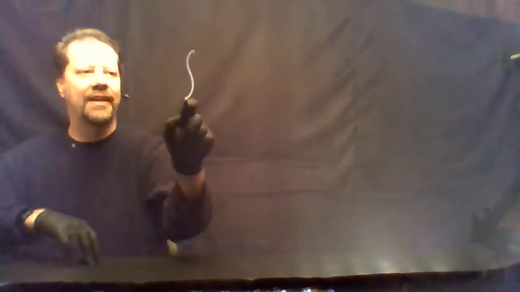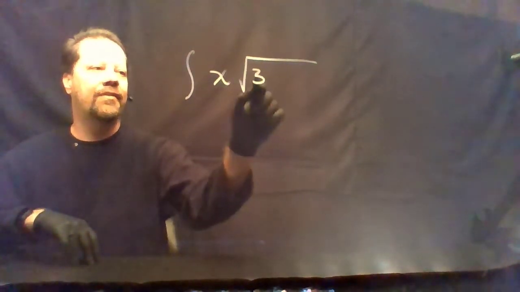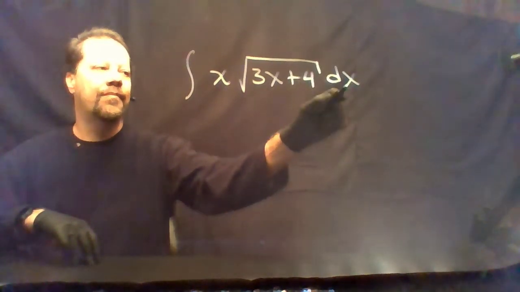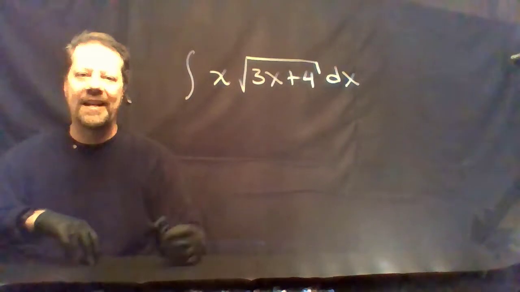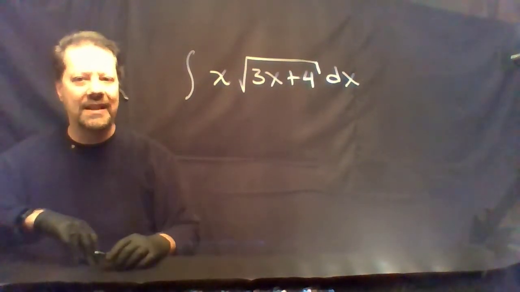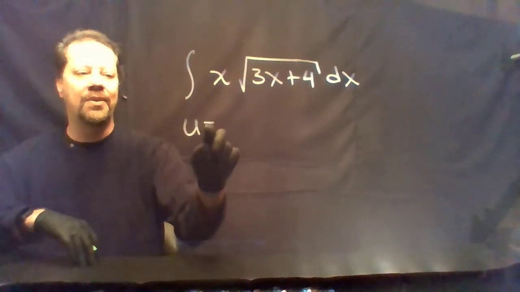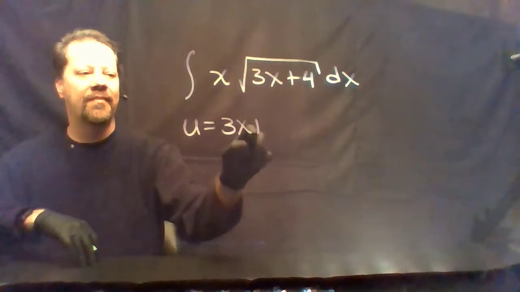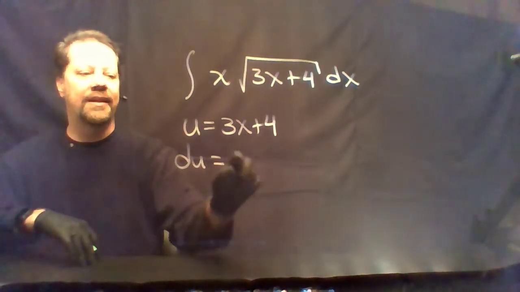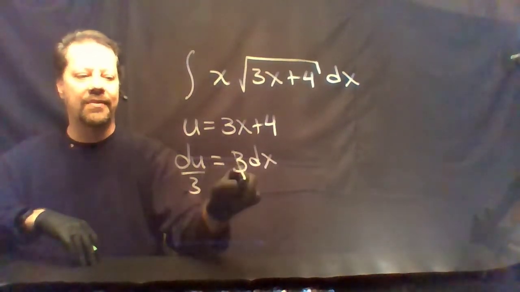Suppose that I'm integrating x square root of 3x plus 4. The impediment now is 3x plus 4. We don't really see the derivative of anything lying around. So we'll make u equal to the impediment. du is then 3 dx, and we'll divide this 3 off.